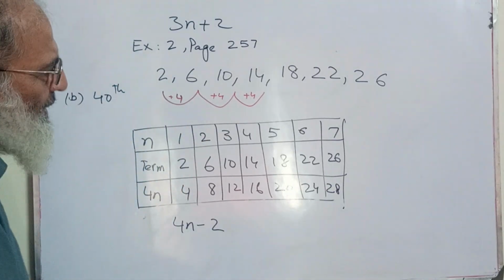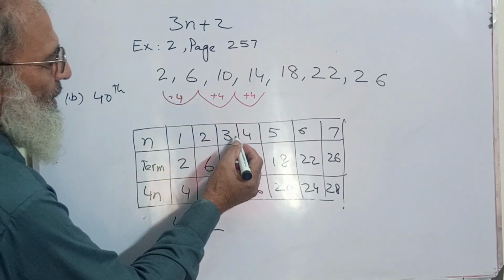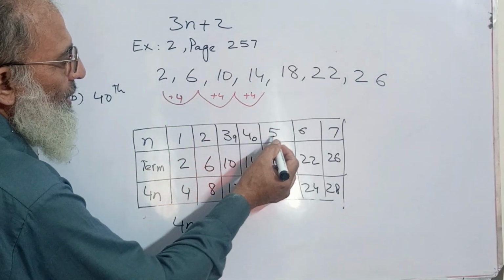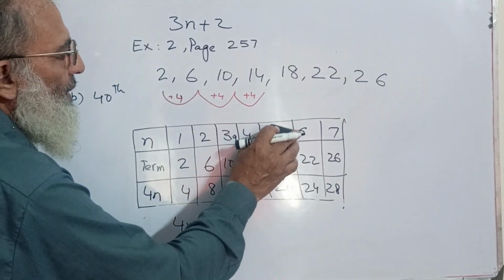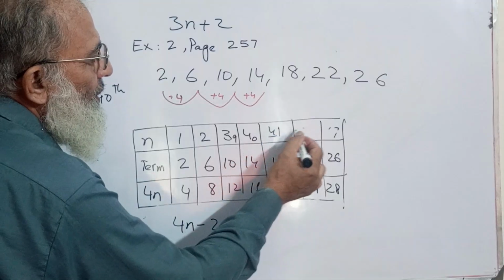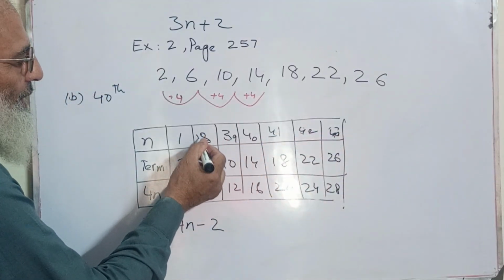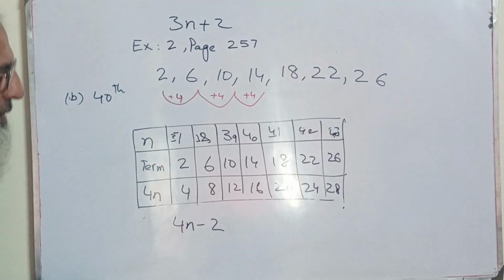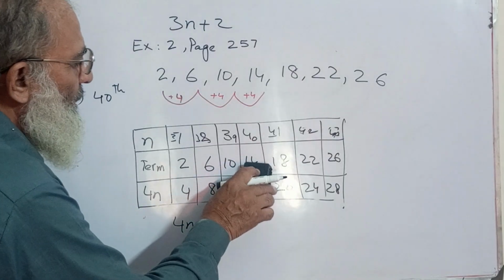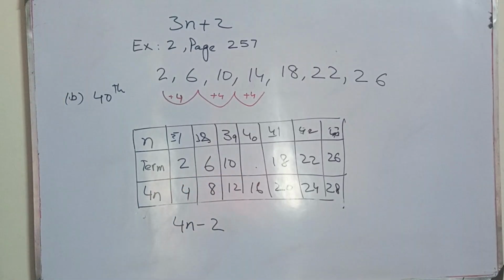For example, this is 39, this is 40, and then 41, 42, 43, and similarly 38, 37. Now this is the table. I've gone very far ahead.